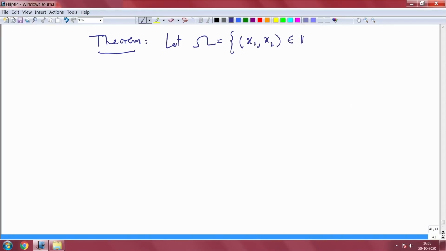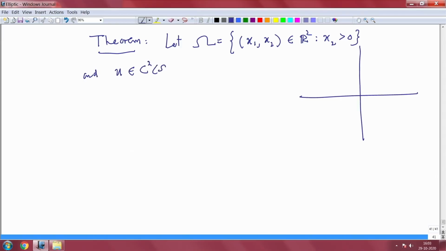So, let me give you an upper half plane, the x1 x2 plane. And u belongs to C2 of omega is a bounded harmonic function.